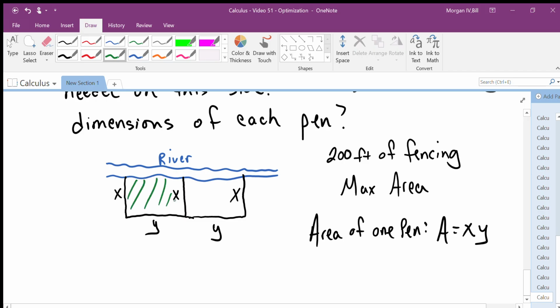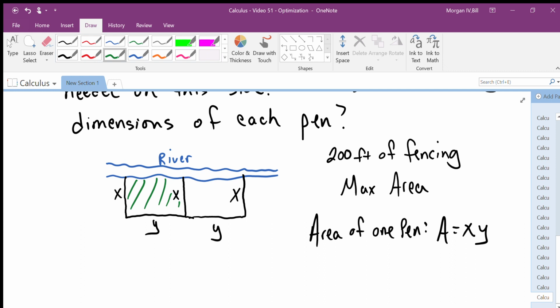It would just be X times Y. So I want to maximize that. I want to take its derivative. I want to find out when this is equal to 0. I want to find out when it's undefined. And I want to check the endpoints. And then find out which is the absolute maximum.